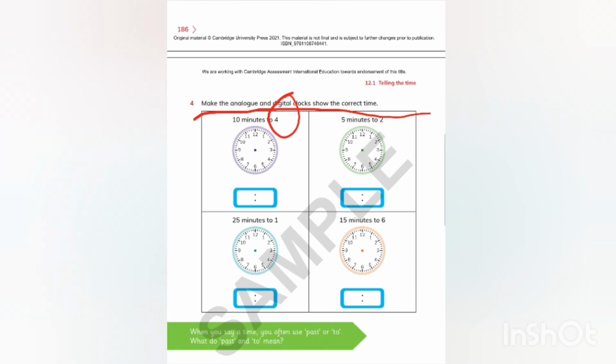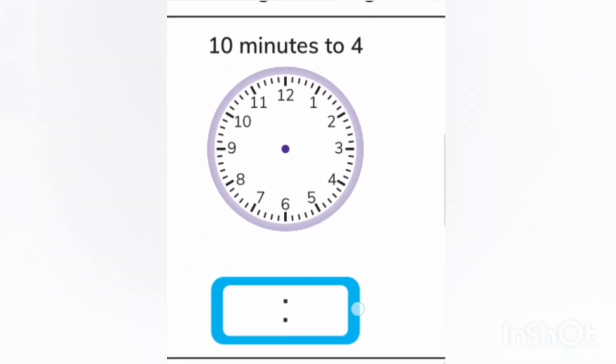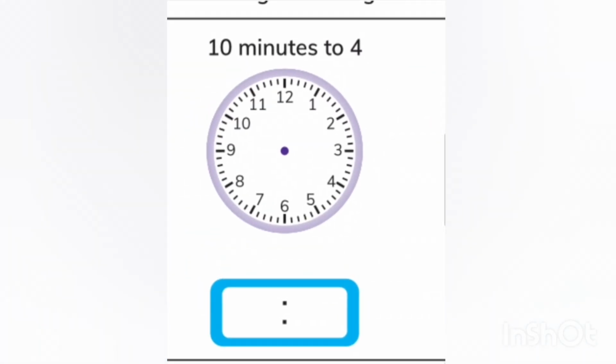First we will write in the digital clock so that we can understand easily. 10 minutes to 4. If it is written past 4, we will write exactly 4, but it is written to 4, so we will not write 4. We will write one number back, means we will write 3.